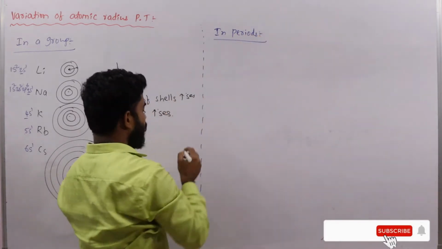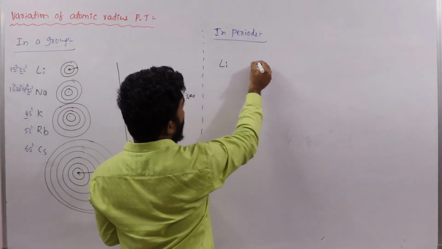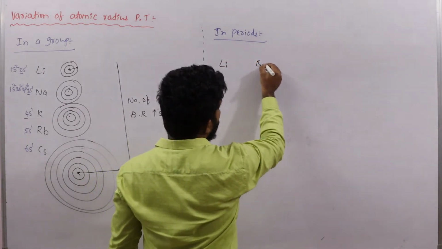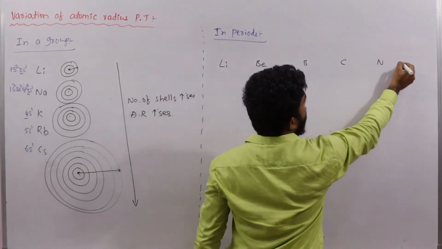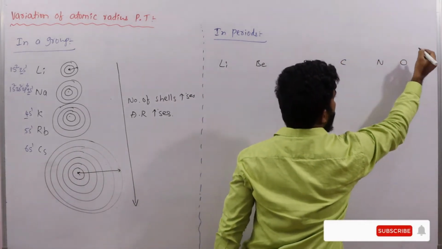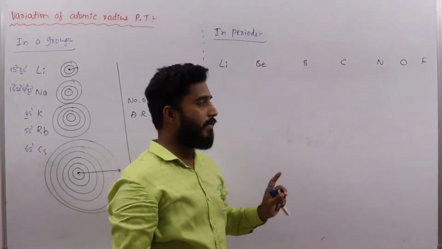So let us see what will happen in periods. Let us take a period: lithium, beryllium, boron, carbon, nitrogen, oxygen and fluorine. We are not taking neon. What is the reason? I will explain later.